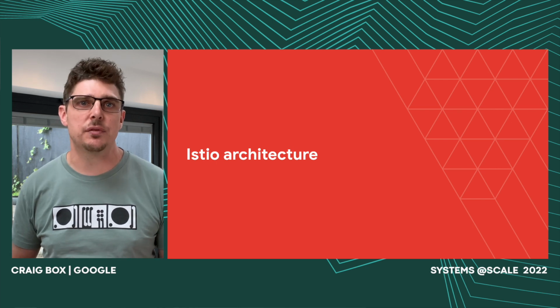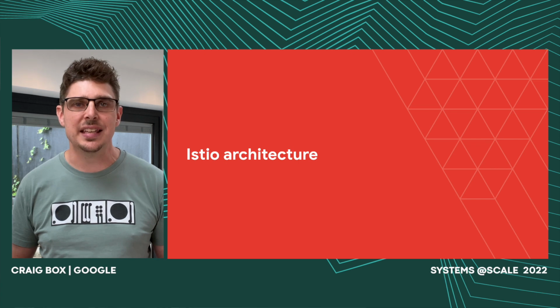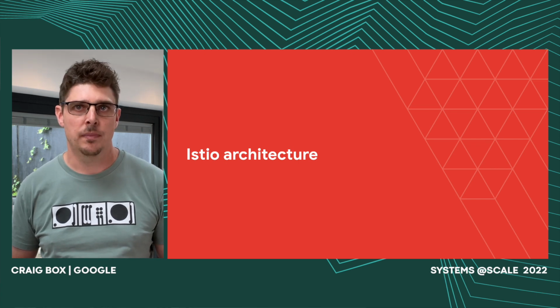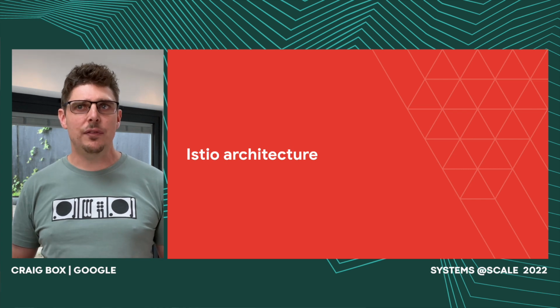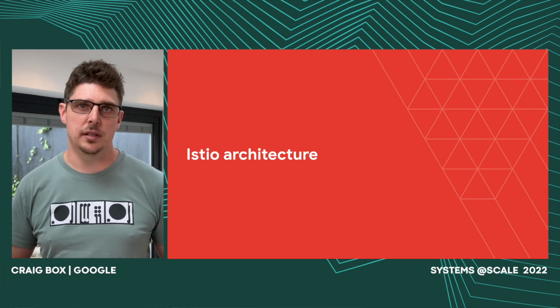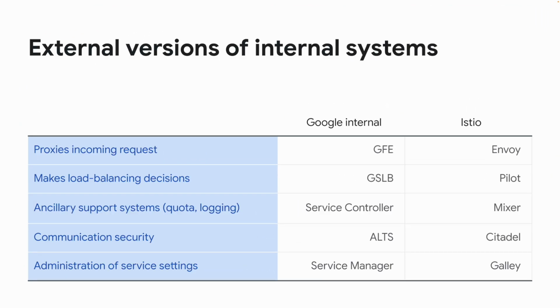As with many pieces of the cloud-native ecosystem, Istio is a reimplementation of ideas from Google production. To understand why Istio was built the way it was, we need to have a look back at what influenced it. In the mid-2010s, we developed a new API serving infrastructure, which was designed to handle Google's growing cloud business.